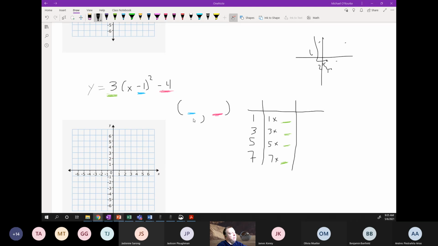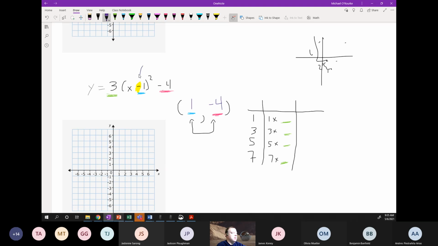What is my vertex? Can someone tell me what my two numbers for my vertex are? Remember, this here is in the land of opposites. So the numbers are 1 and minus 4.